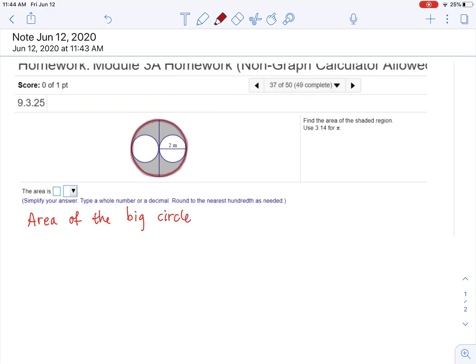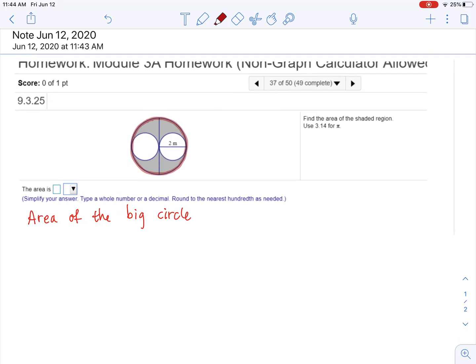Now, in order to find the area of a circle, I need the radius. It's actually written right here. The radius of that circle is 2 meters. So using the area formula, area equals pi times radius squared, and they said use 3.14 for pi.